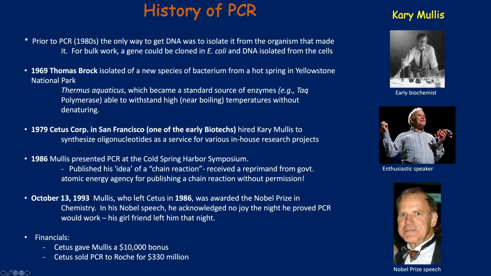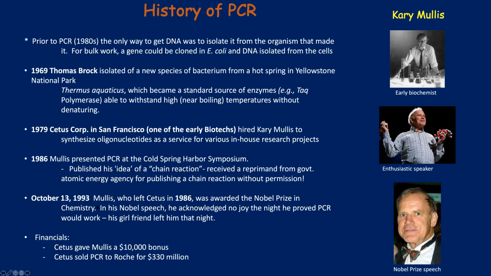Instead, he was interested in other things, and among his interests developed in 1986, he presented a talk at a symposium in which he announced this polymerase chain reaction. Then at about the same time, he left CETUS and went on to other things. In 1993, he got the Nobel Prize in chemistry for developing PCR.